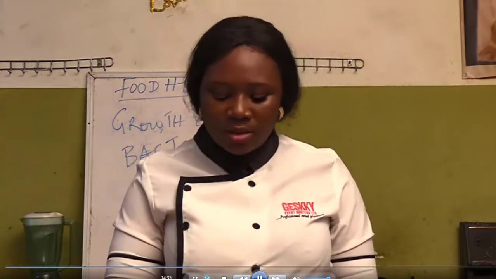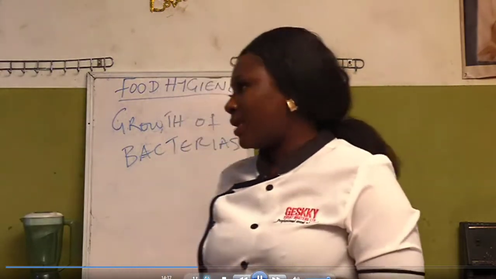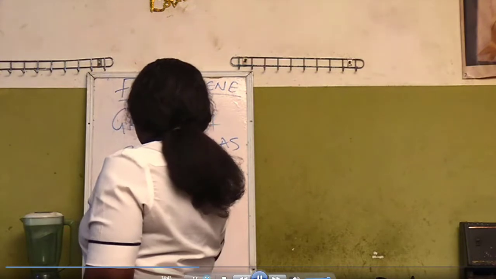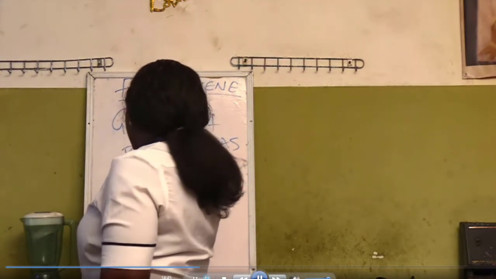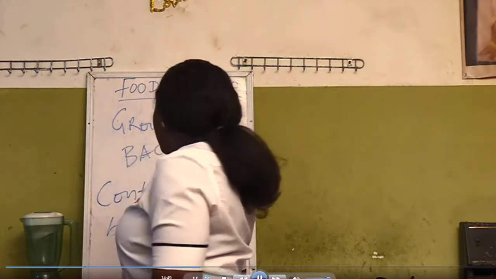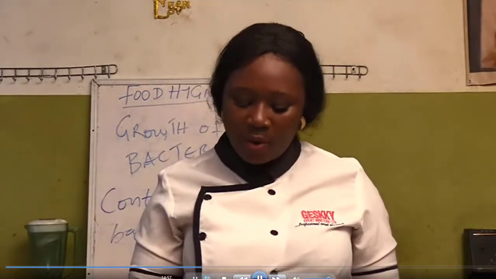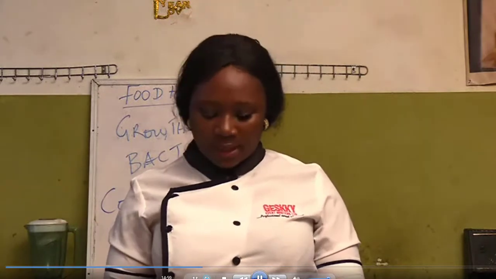Now I want to talk about the control of bacteria. How do you control these bacteria? In as much as bacteria grow, you can also control them. There are many different ways to control bacteria.